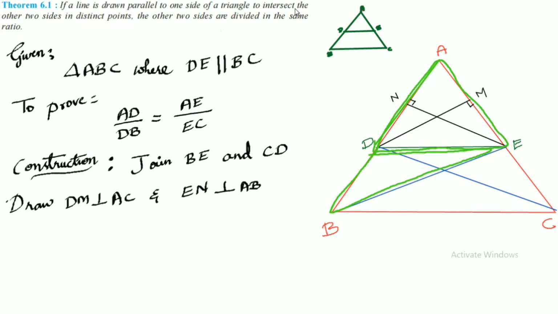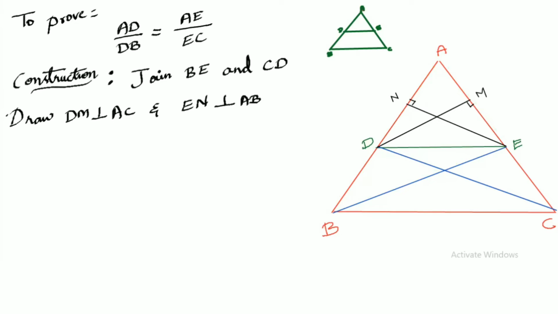Two triangles. After that, I will find the area of triangle ADE, keeping this as base. Then I will find the area of this triangle, DEC. You will understand everything slowly, but keep your concentration here.